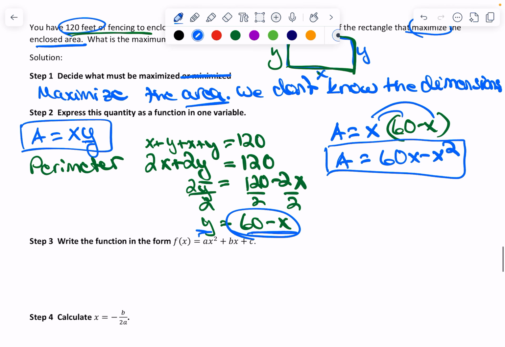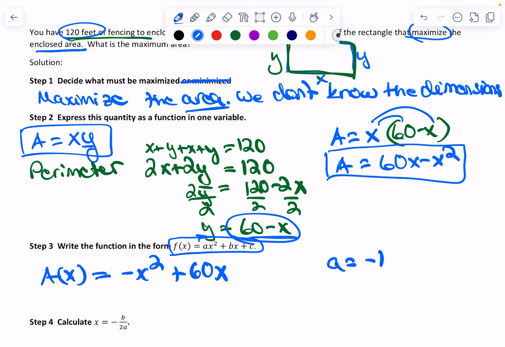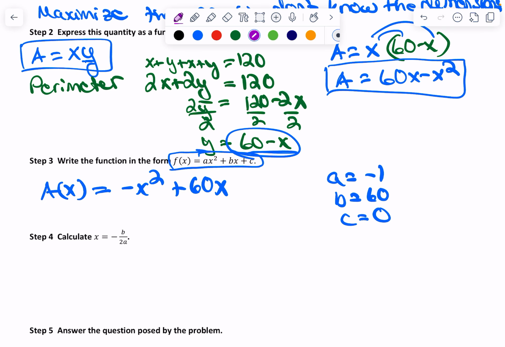Now, next we need to write the function in the form f of x equals ax squared plus bx plus c. So all we need to do is write A of x equals and bring the x squared first, just switching the order. So now our a is going to be -1, b is going to be 60, and c is going to be 0. There is no constant here. So the next step for us is to calculate x equals -b over 2a.